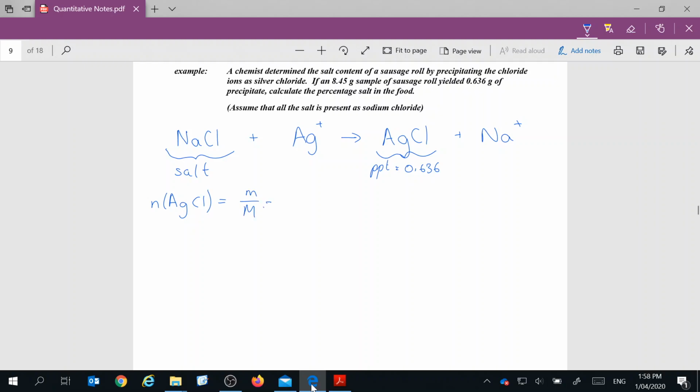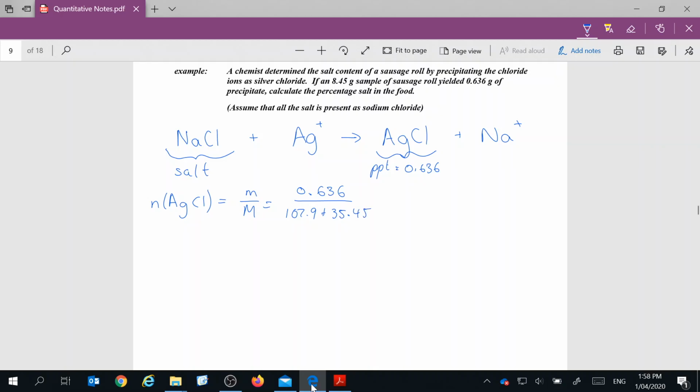The number of moles of silver chloride that was precipitated out is the mass divided by the molar mass: 0.636 divided by the molar mass. Silver is 107.9 and chlorine is 35.45.